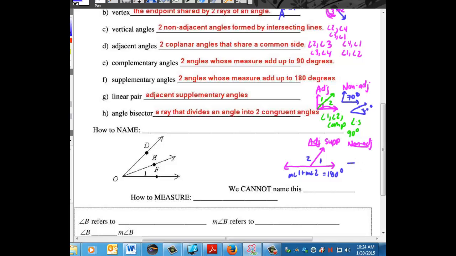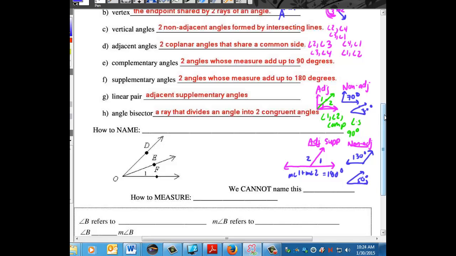Non-adjacent would be two separate angles. So let's draw an obtuse angle first. Let's say that's 130 degrees. And then I would draw a 50-degree angle. And so what we've now formed are non-adjacent supplementary angles, two angles that add up to 180 degrees.